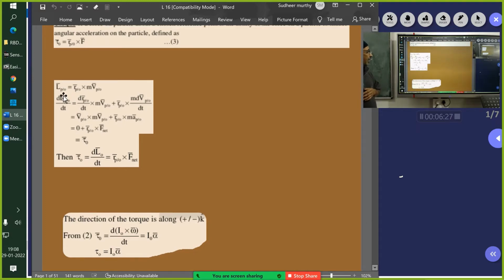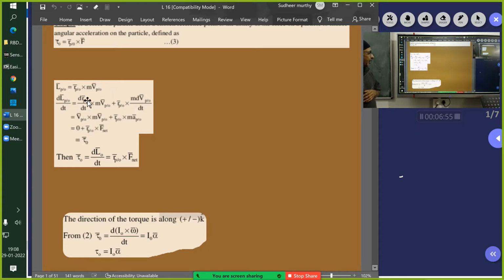We know that L bar of P with respect to O is R of P with respect to O cross m v bar P. This is already known to us. Now we'll relate tau bar with L bar. How do we relate? If you differentiate this, that is d by dt of L bar, then go on differentiating the two terms.